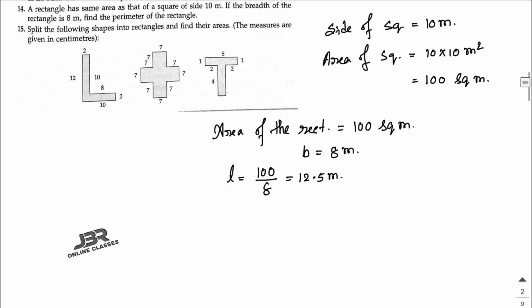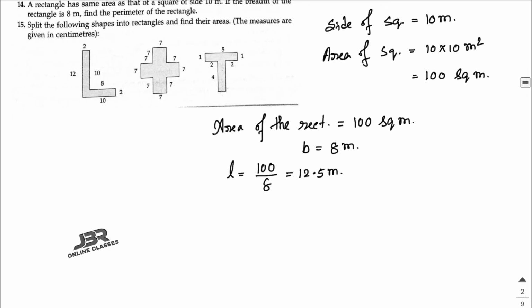So as length is 12.5 and breadth is 8, the perimeter is 2 into length plus breadth, that means 2 into 20.5, and your answer is 41 meter.